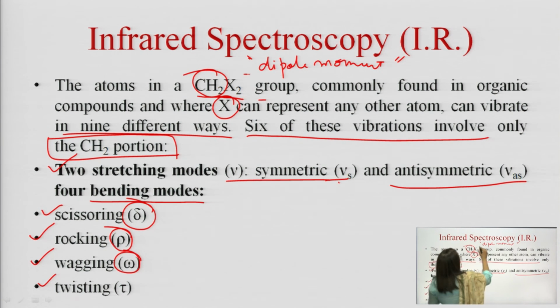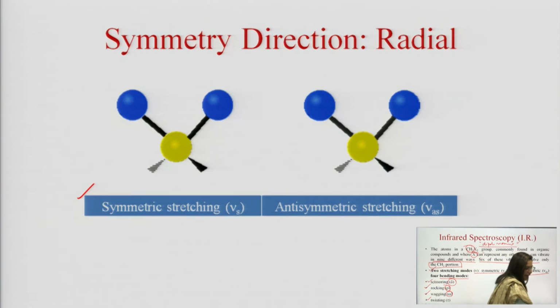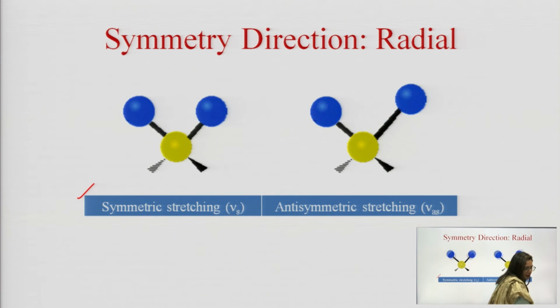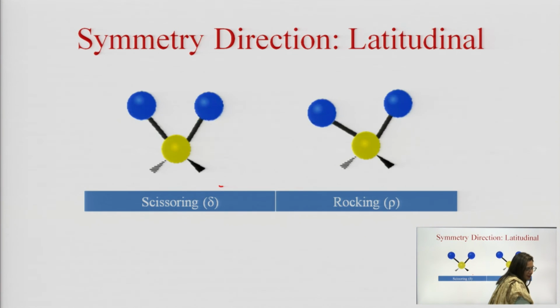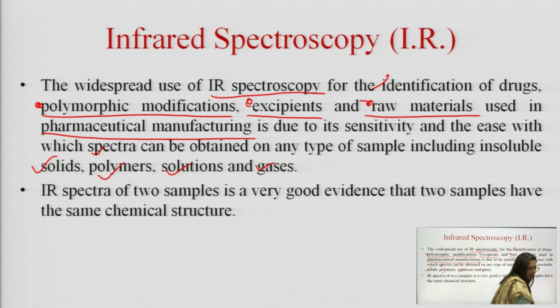So, change in this particular dipole moment is recorded and it will give various modes of vibrations. One is stretching mode, which could be symmetric or asymmetric. Then are bending modes, which are scissoring, rocking, wagging and twisting. And here are all types of vibrations: scissoring, rocking, wagging, coming to and fro, twisting.